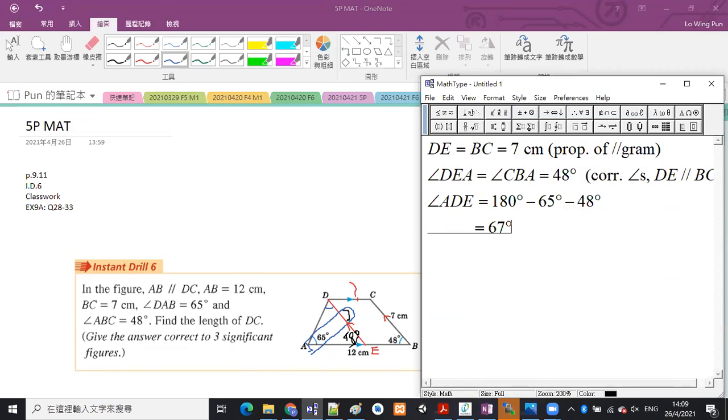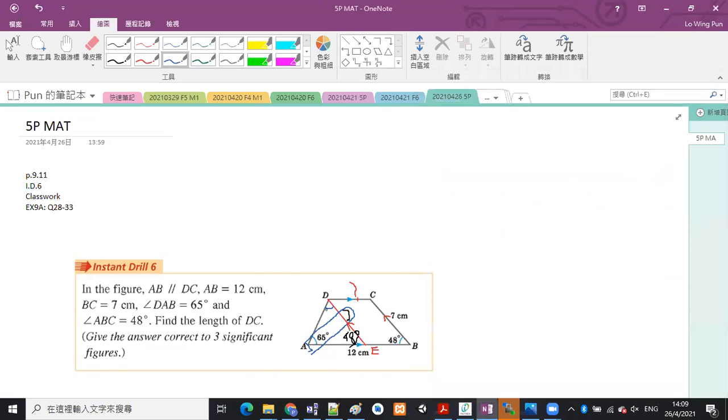So in triangle ADE, I have the first pair of corresponding length and angle, and I have found this 67 degrees. So I can use this pair of corresponding length and angle to find the length of AE.